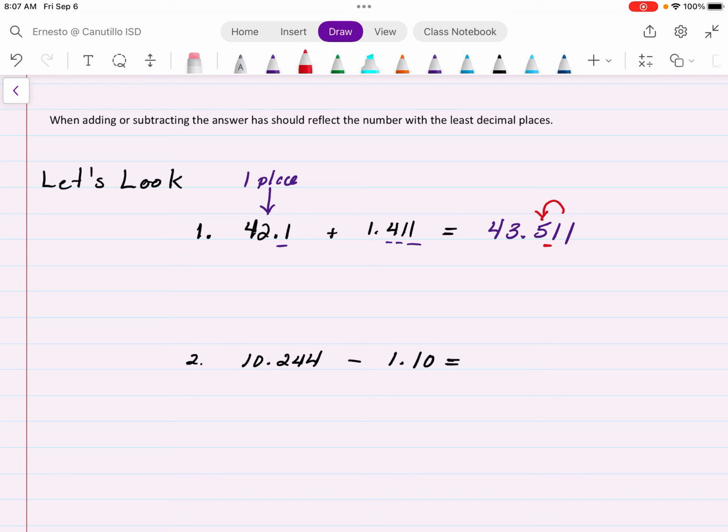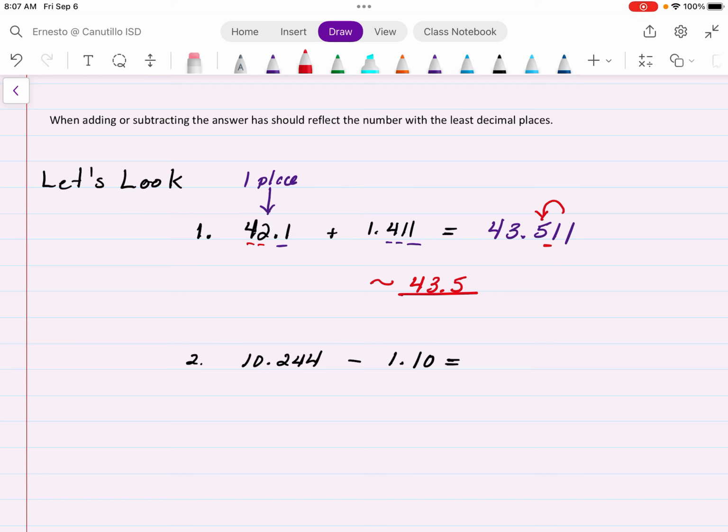Because the 1 is less than 5, the 5 stays, and my answer then becomes 43.5. And that would be the answer that you would use. Now, keep in mind that here we still ended up with the correct number of significant figures anyway, but our focus in addition and subtraction is the decimal places.